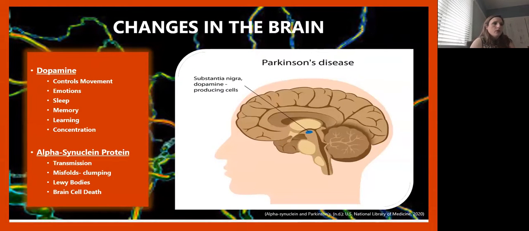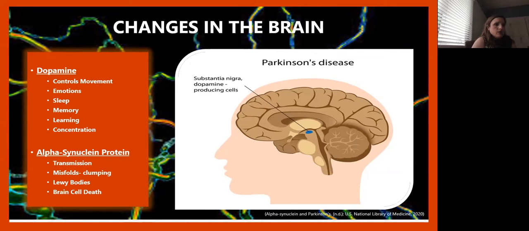Okay, so what happens in the brain? So we don't fully understand how genetic changes can cause Parkinson's or influence the risk of developing the disorder. Many Parkinson's disease symptoms occur when the nerve cells, or what we call neurons, in the substantia nigra, which you can see is deep central within the brain, become impaired.